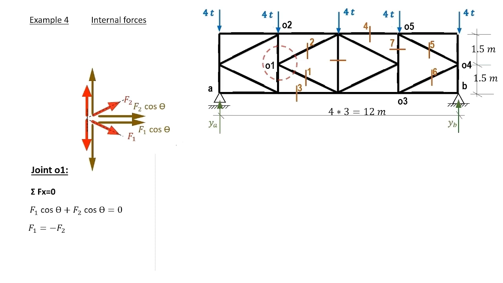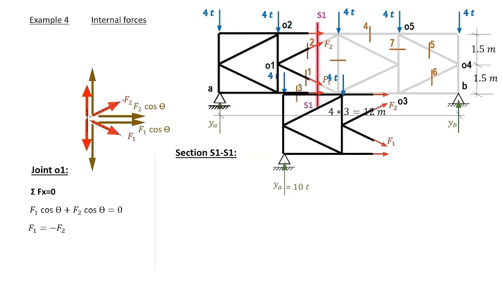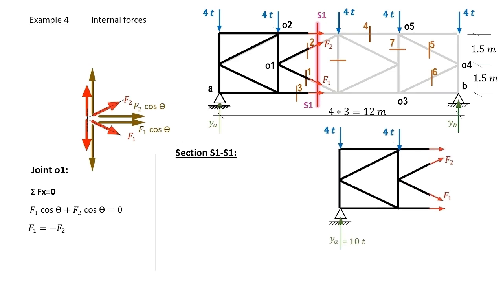Our truss is here, and we have a section S1 to have the other equation to compute F1 and F2. We extract the left part of the section as we previously explained in previous examples. And we have the analysis of F1 and the analysis of F2 in the horizontal and the vertical directions.